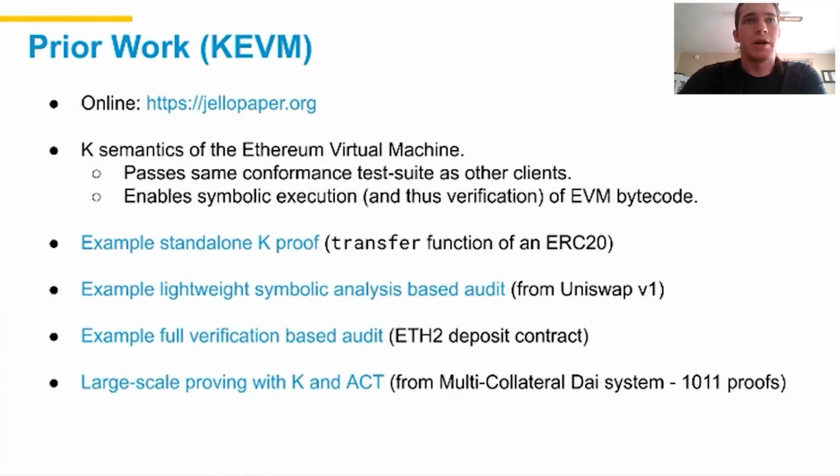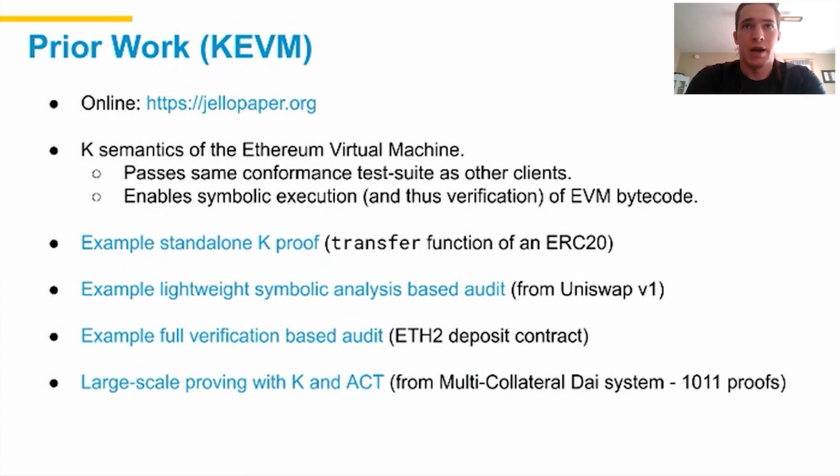Okay, a little bit of prior work, and I'm assuming these slides will be made available afterwards, so you can follow the links yourself. I might open a couple of them. But KEVM is kind of our most prolific prior work. It's just a K semantics, a K specification of the Ethereum virtual machine. We run it on the same conformance test suite as all the other clients.